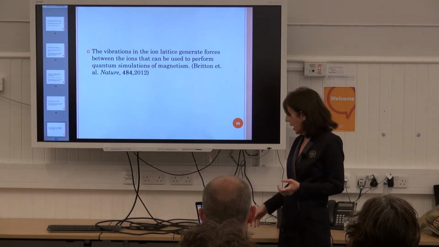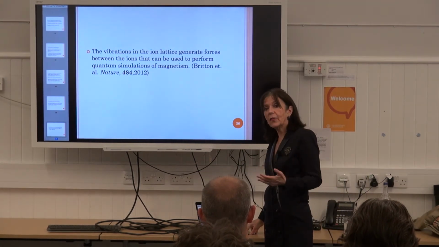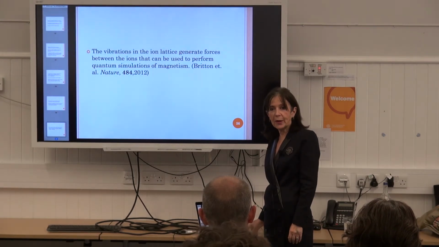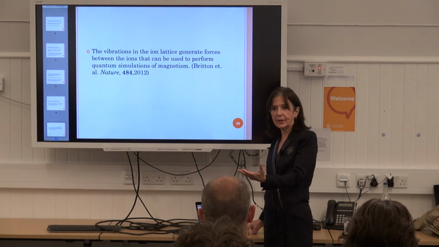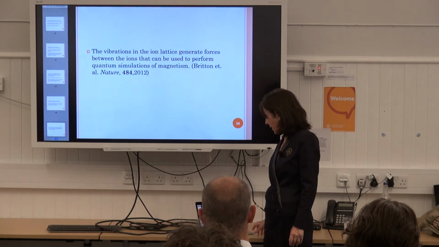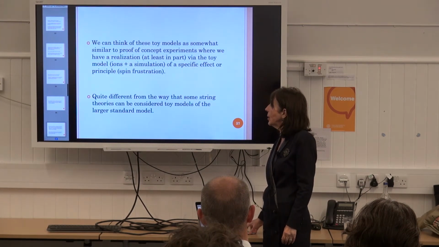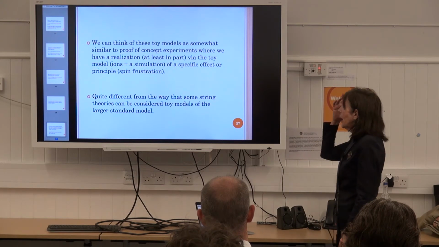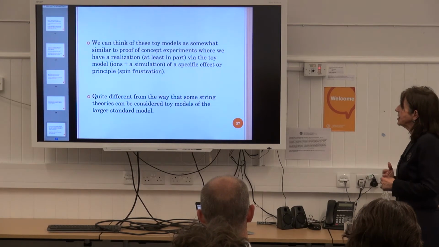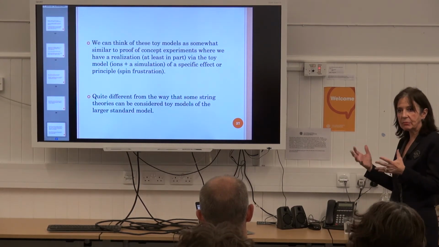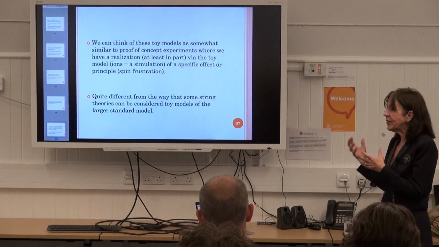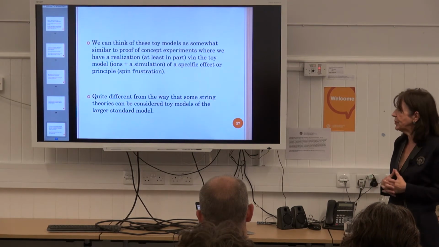So these laser-cooled ions become like toy models, and they're often described as redefining the playground for quantum magnetism, because they provide this kind of basic toy that you can now do all kinds of things with, in addition to just talking about quantum magnetism. This is sort of similar to proof of concept experiments, where you've got a realization, at least a partial realization via the toy model, of a specific feature, which is this spin frustration.